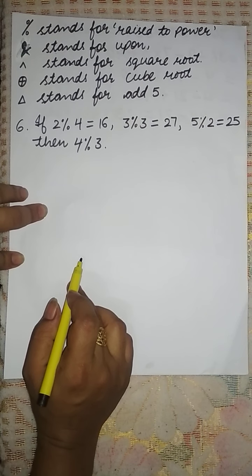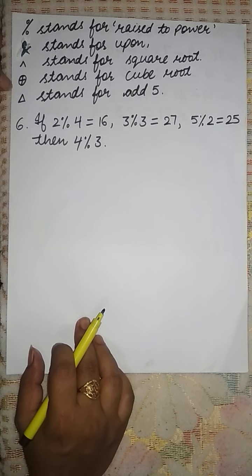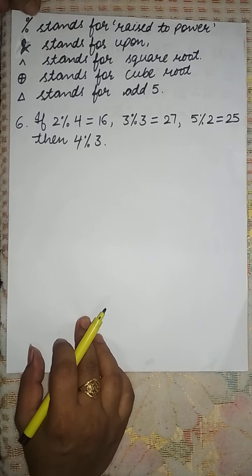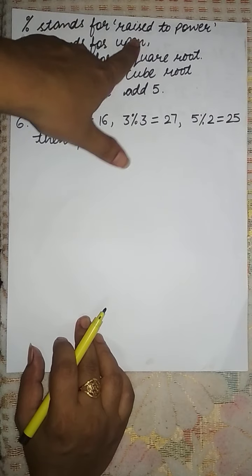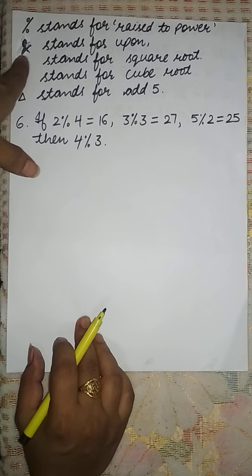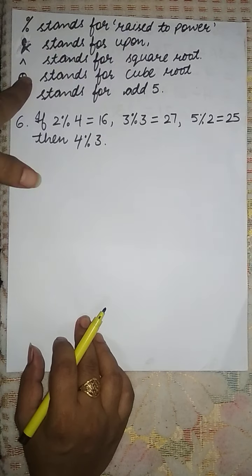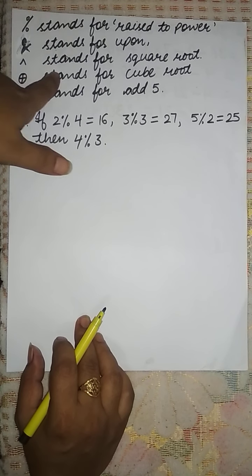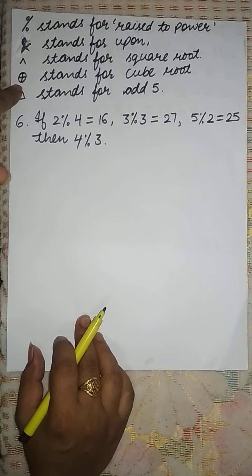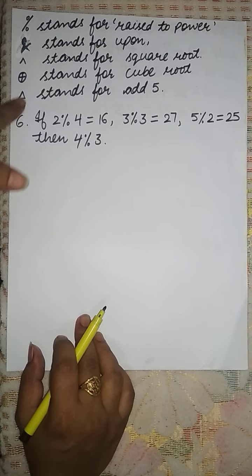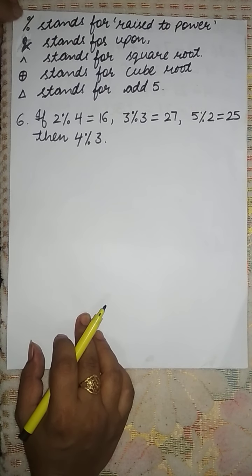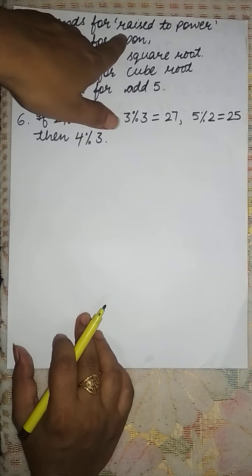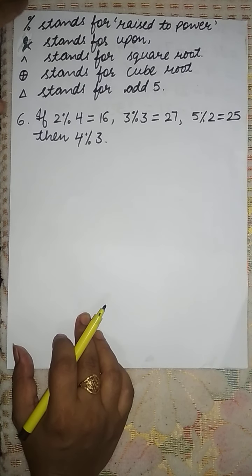For the next type of questions, some symbols are given to you, and the representation is also given. The percentage sign stands for raised to power, the sign stands for upon, that is division, the wedge stands for square root, O plus stands for cube root, and this triangle stands for add 5. In these questions each symbol is representing the given representations.